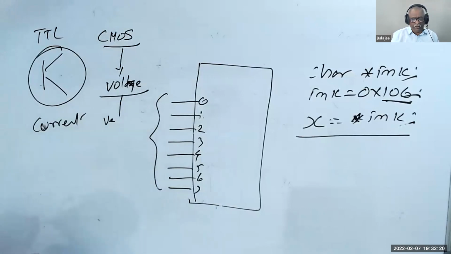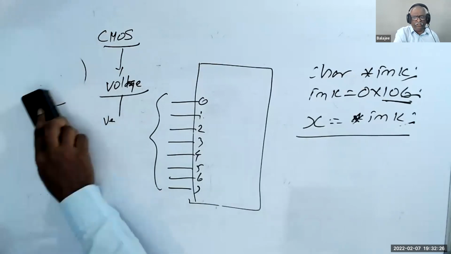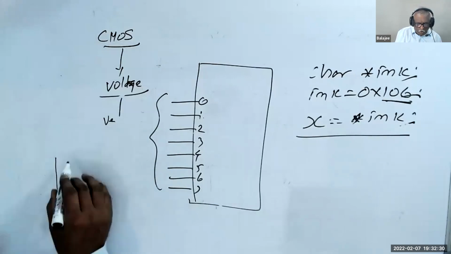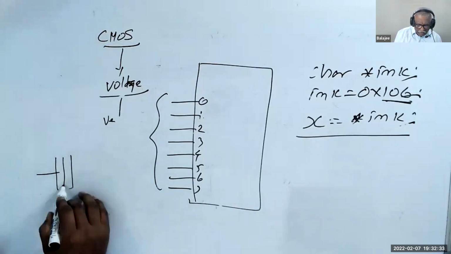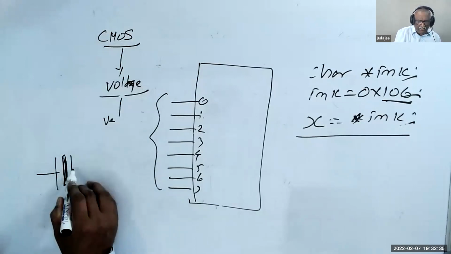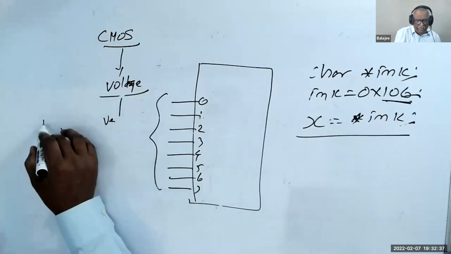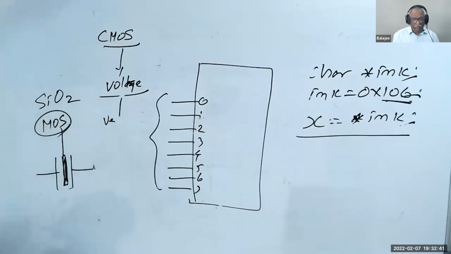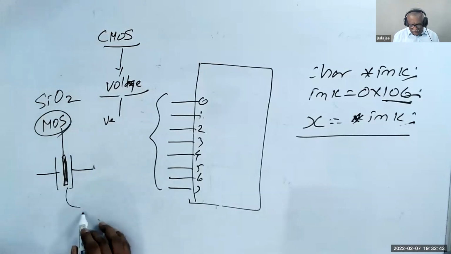When I use TTL, the IC will draw huge current. So people have moved away from TTL to CMOS. But the problem with CMOS is the voltage goes via a dielectric. That's called metal oxide semiconductor, SiO2. This acts as a capacitor.